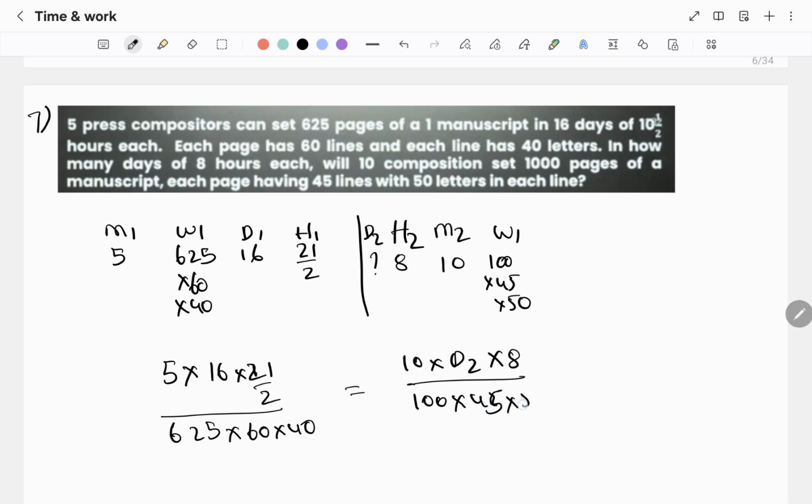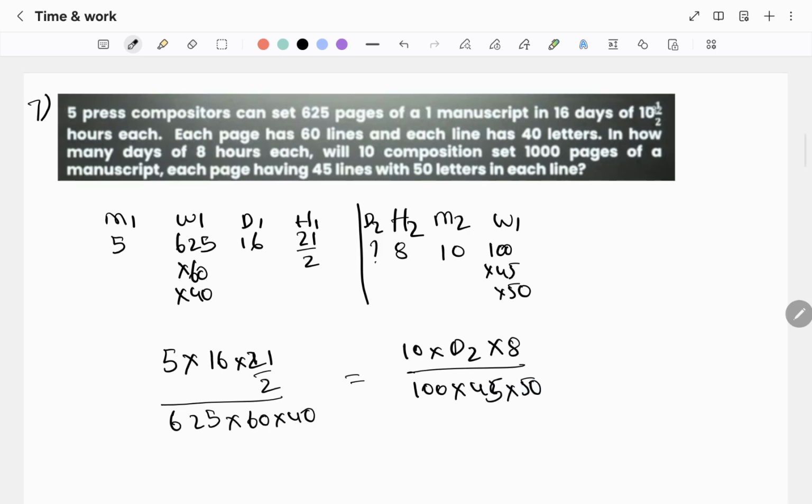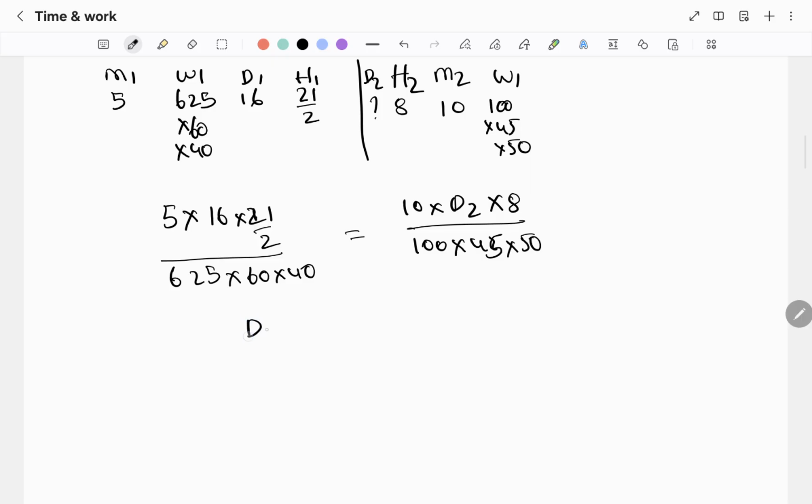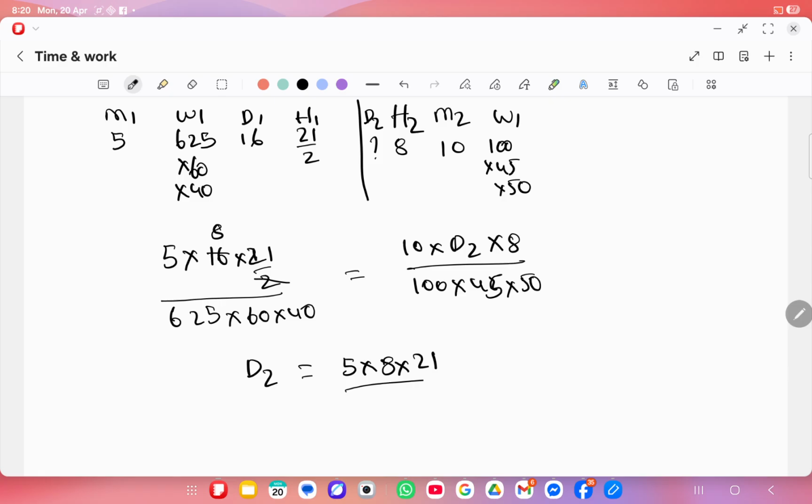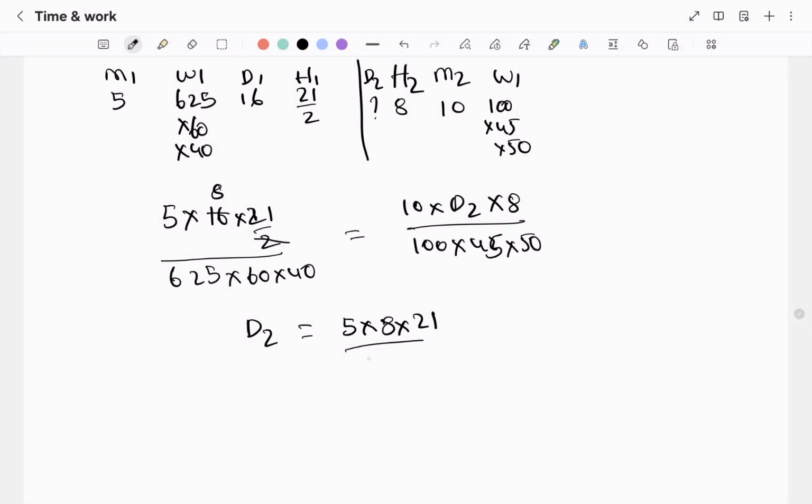45 into 50. So now D2 is equal to, see, I will cancel this 8. So 5 into 8 into 21 by 2, 625 into 60 into 40.